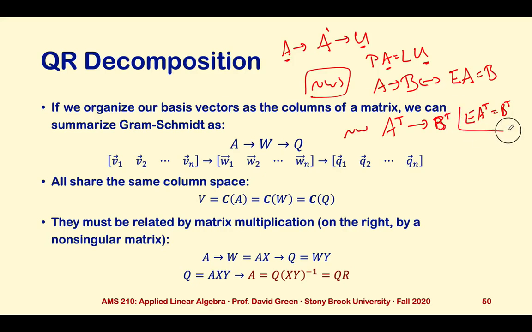And this I can now turn around. I can take the transpose of both sides, and I would get A E transpose equals B. Multiplying on the right by elementary matrices is an operation on the columns of A.